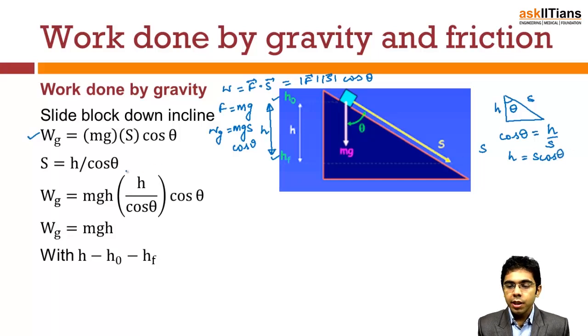If we substitute this value, we get work done by gravity is equal to mgh, with h equal to h naught minus hf, as given in the figure.